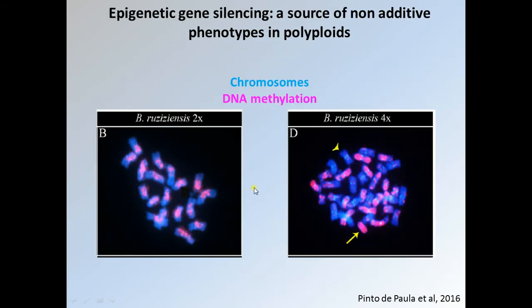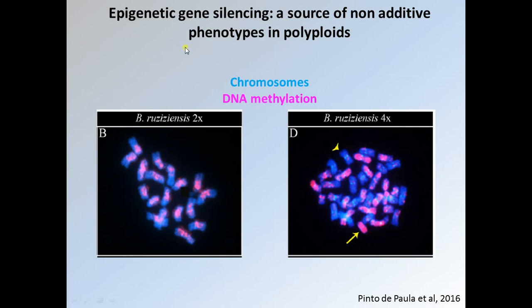And the last case, I won't go further because evidence is still missing, but the last proposed hypothesis is that epigenetics could play a role in non-additive phenotype of polyploids. So epigenetics is the regulation of genes through chromatin modifications that can be inherited through mitosis or meiosis.